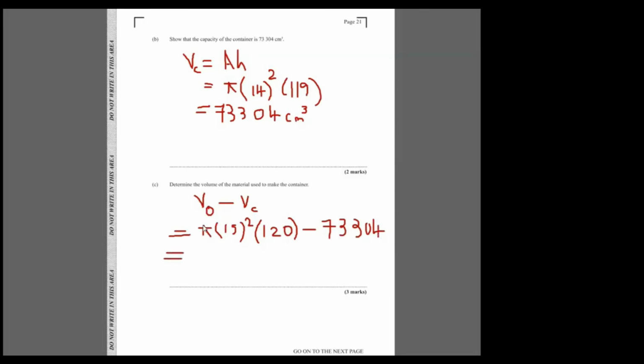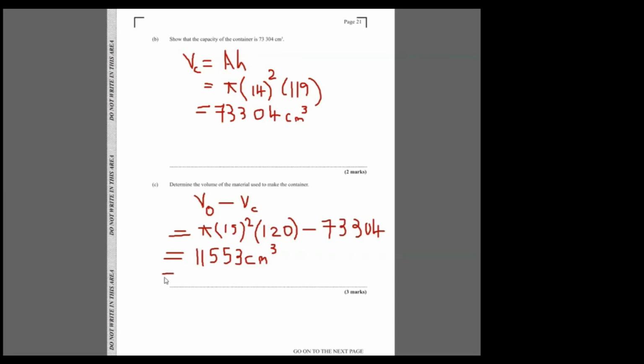So you put this in your calculator. Remember, we're using pi as 22/7. 22/7 times 15 squared times 120 minus 73304, and I'm getting 11,553 cm cubed. That gives you the volume of the material that is used to make the container.